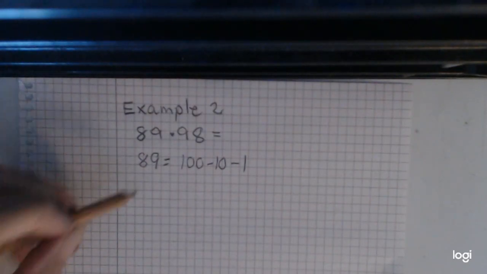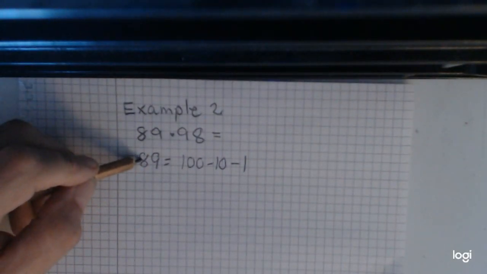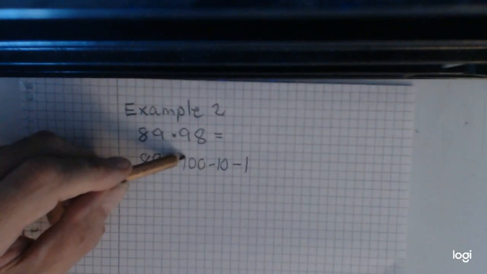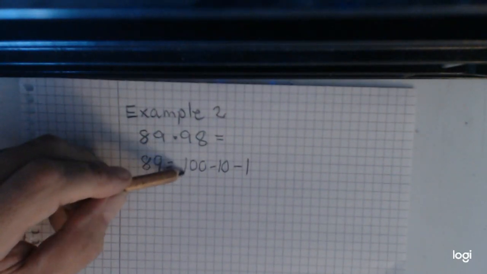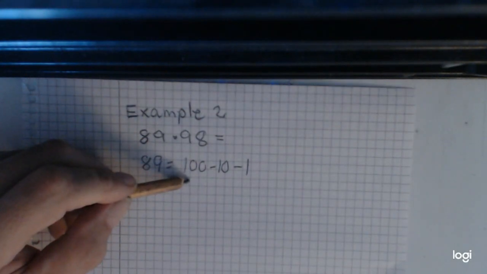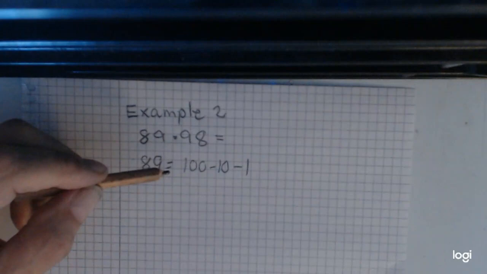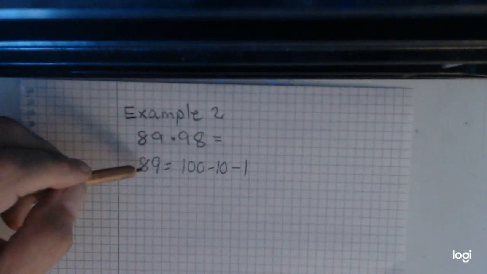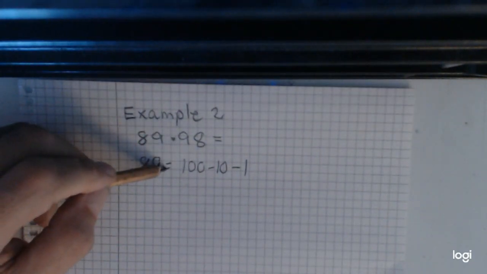So what you see here is that 89 is actually just the 1 table, and then you have the 10 table. So it's very easy to multiply with 89 if you write it this way.